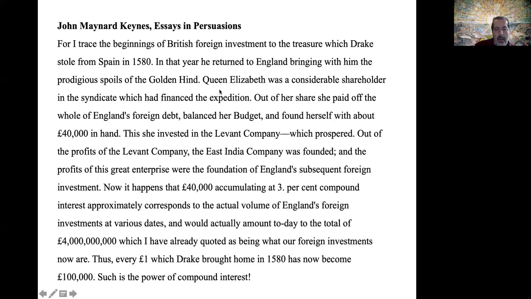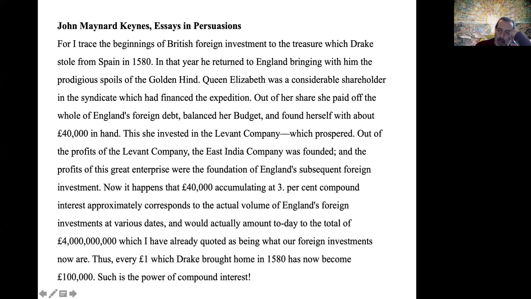And Queen Elizabeth I, of course, was a considerable shareholder in the syndicate which had financed the expedition. This expedition is, by the way, to the Americas, basically Northern and Southern Americas. Queen Elizabeth invested some money in his expedition.